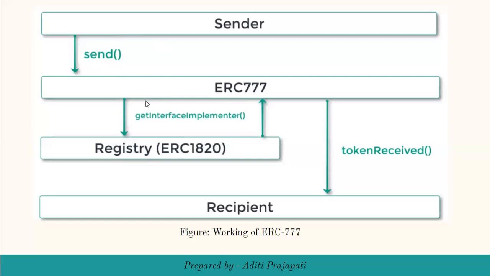This allows a smart contract to react to incoming or outgoing tokens. So the smart contract is defined here through hooks, send and receive hooks. It accepts the token and lets go of the tokens. So the hooks are registered and discovered using the ERC1820 standard.